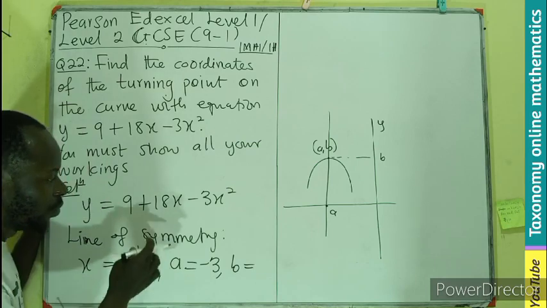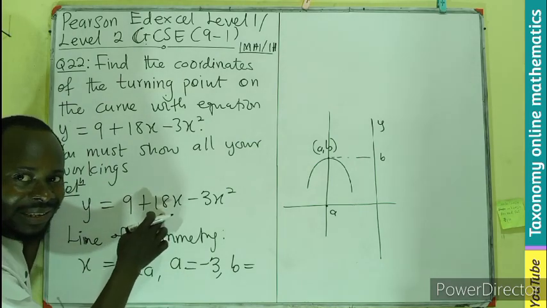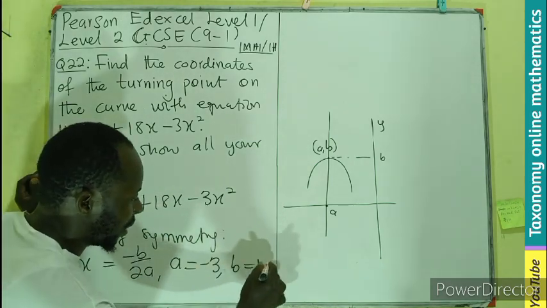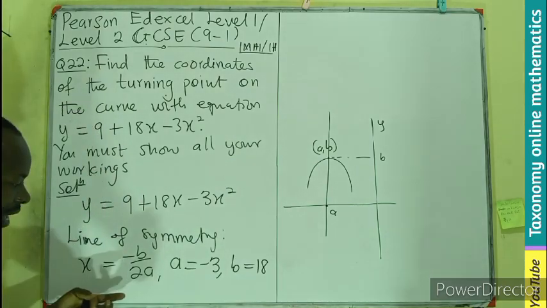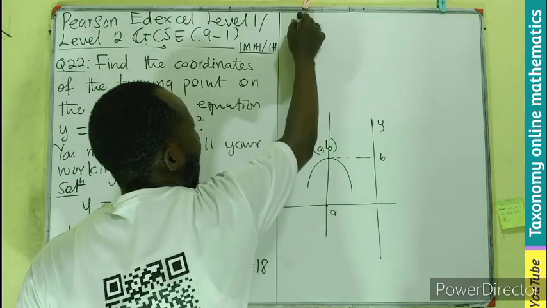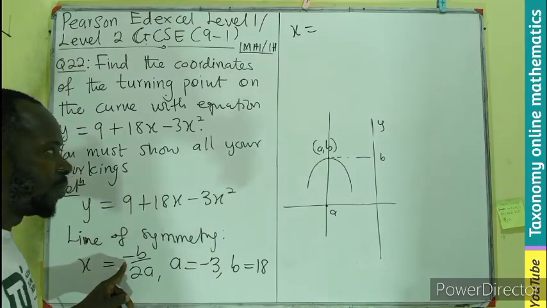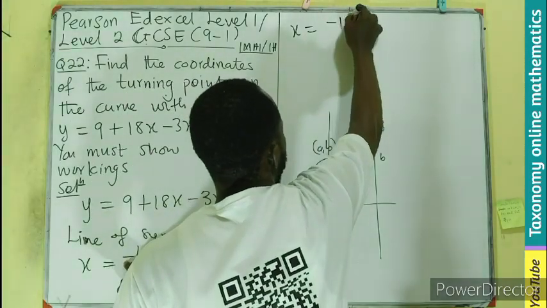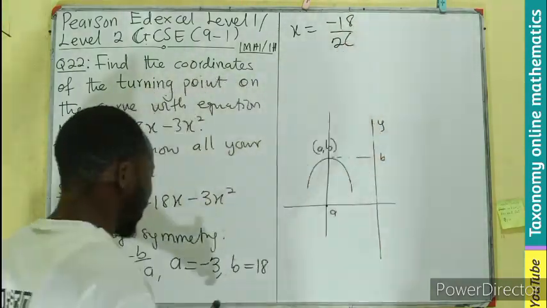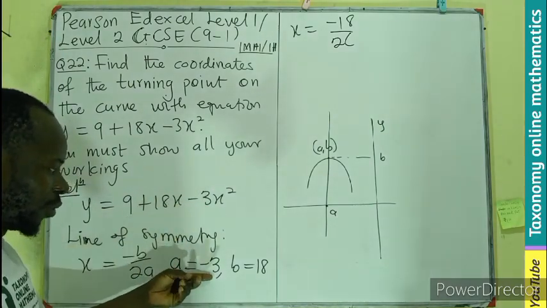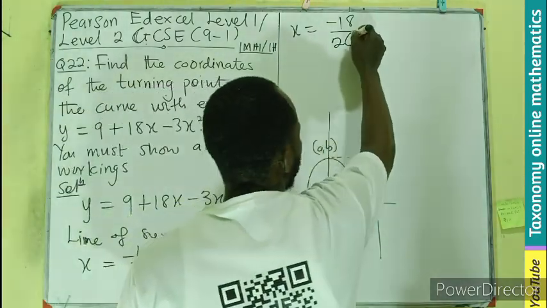Our b, the coefficient of the x term, is 18. So by substitution, x becomes negative 18 divided by twice the first term, which is minus 3.